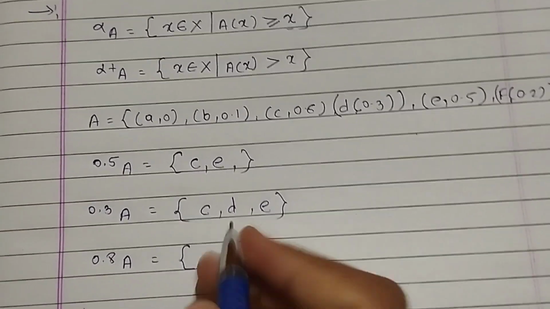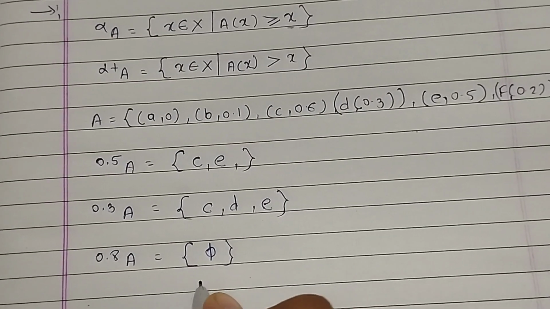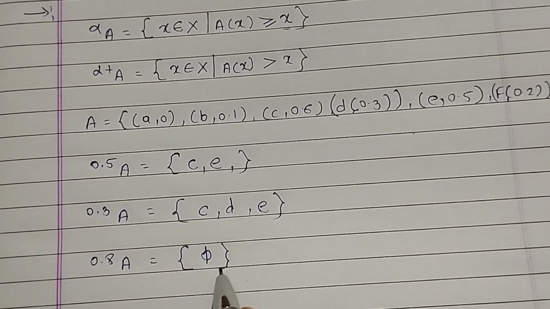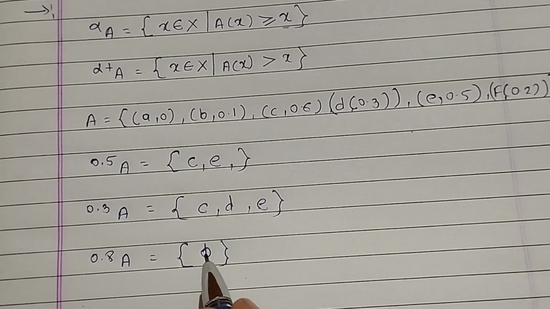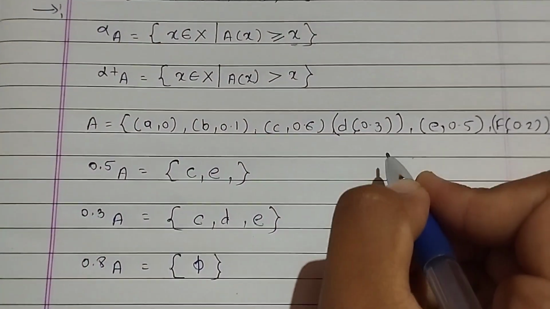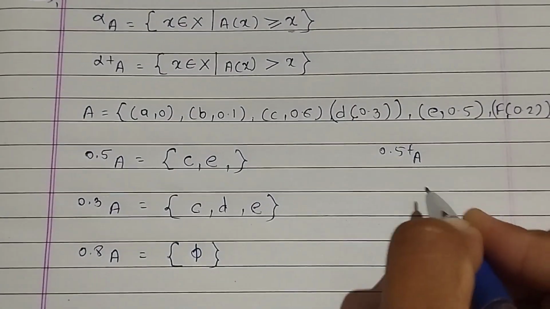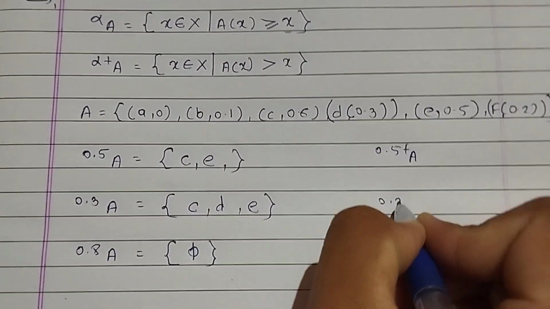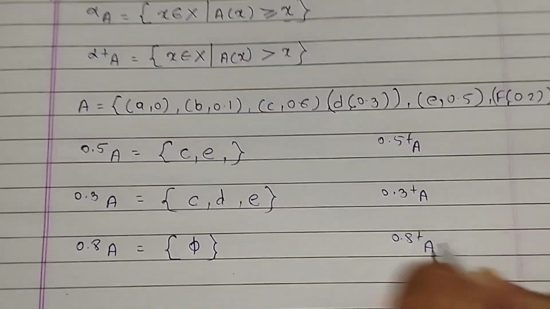So here the set is phi, which means this is the empty set. No value comes in this set. Now we calculate the strong alpha cut set. So A 0.5 plus, A 0.3 plus, A 0.8 plus are for the strong alpha cut set.